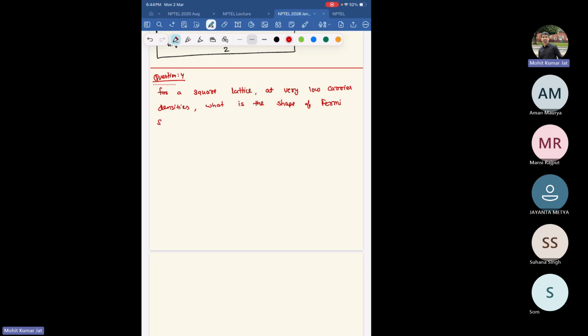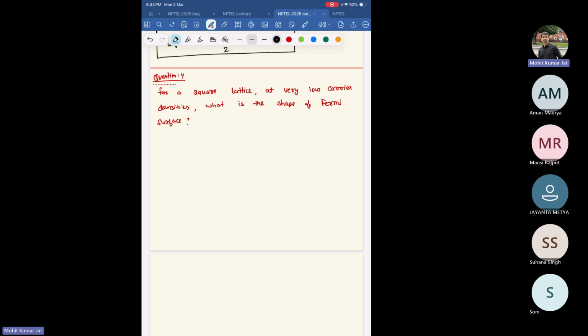Will it be a square, a distorted square, a circle, an ellipse, a distorted circle, or a rectangle? This we'll have to figure out.